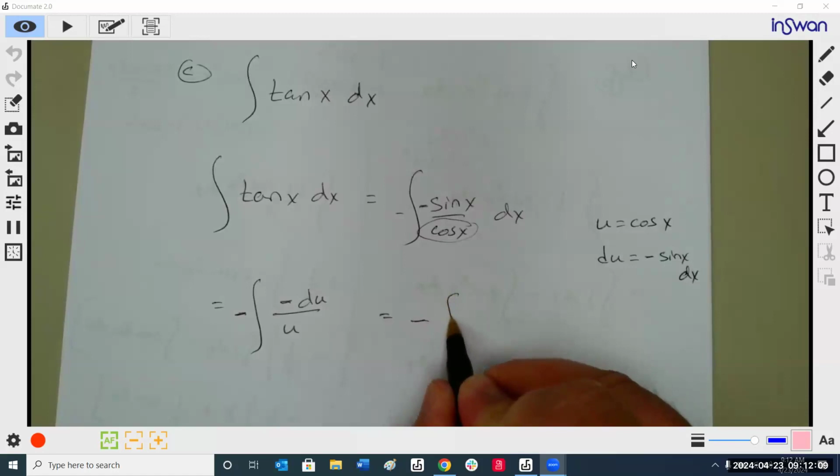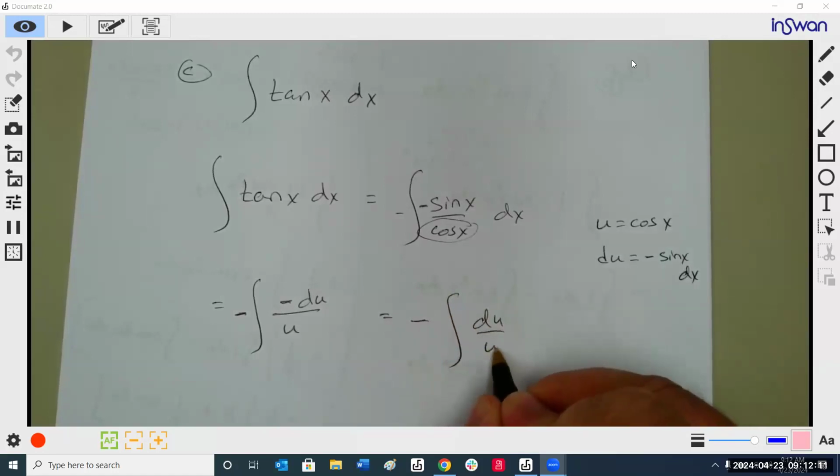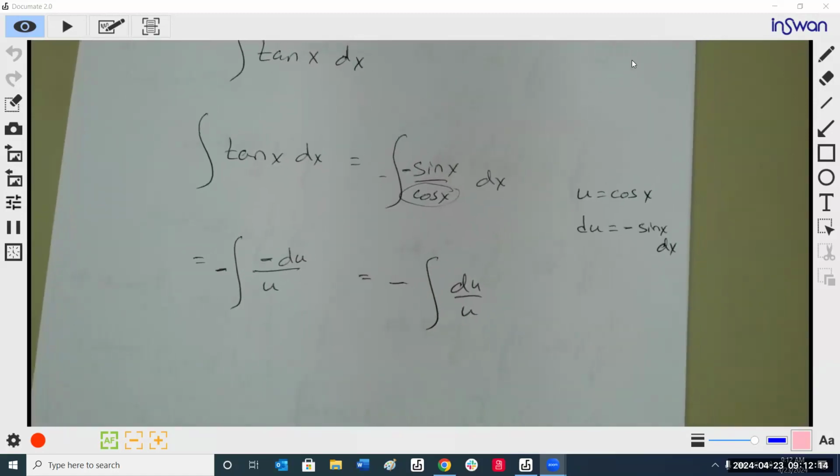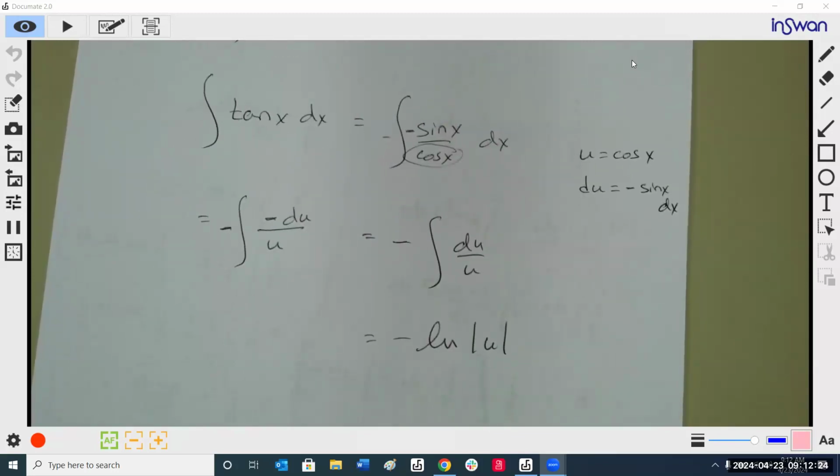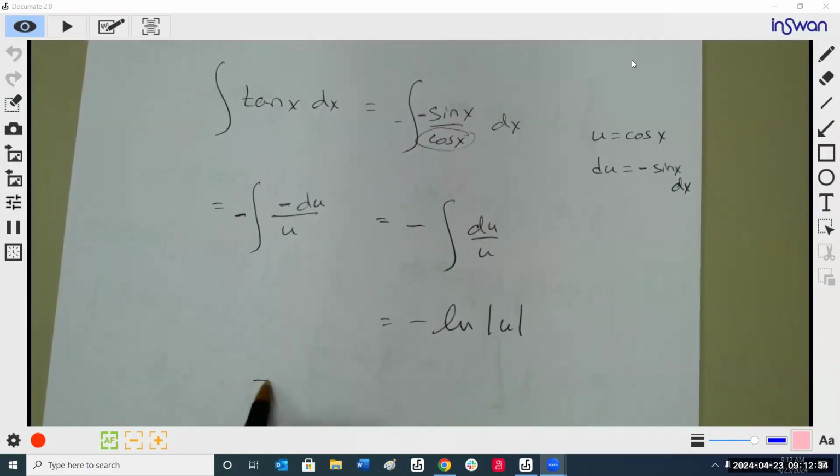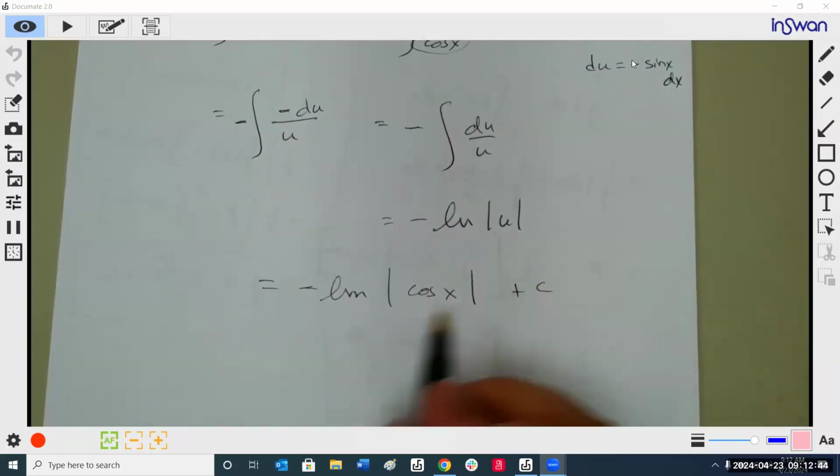So the integral of du over u is what? Ln u. So our answer is negative ln of cosine x plus c.